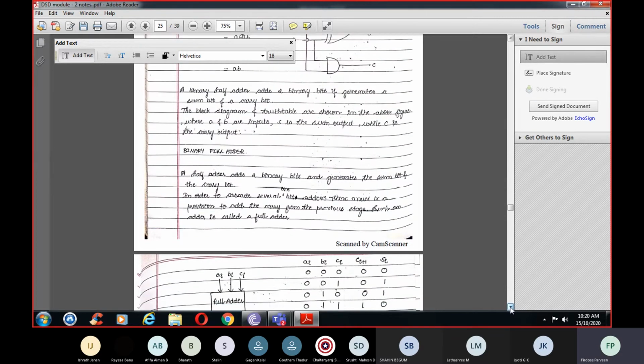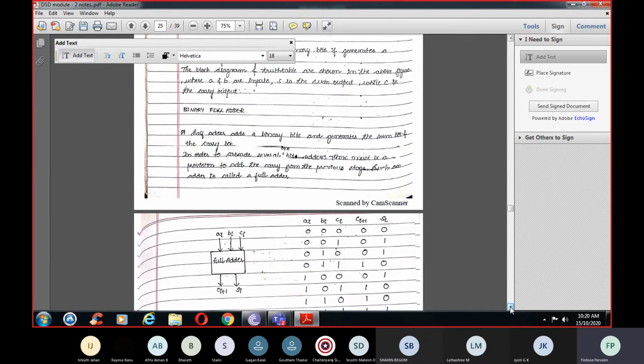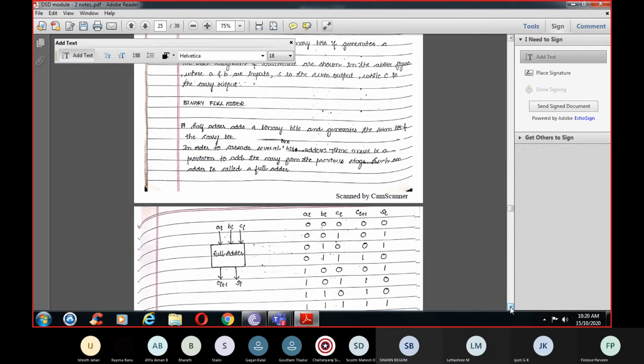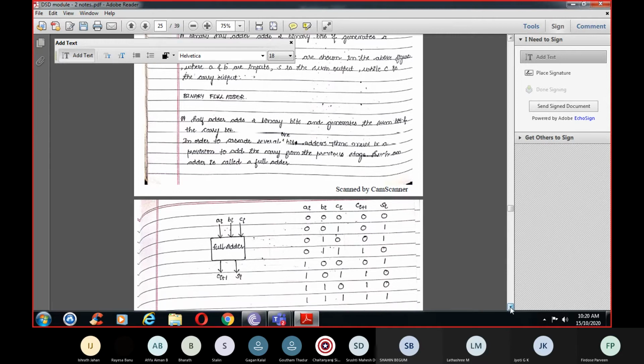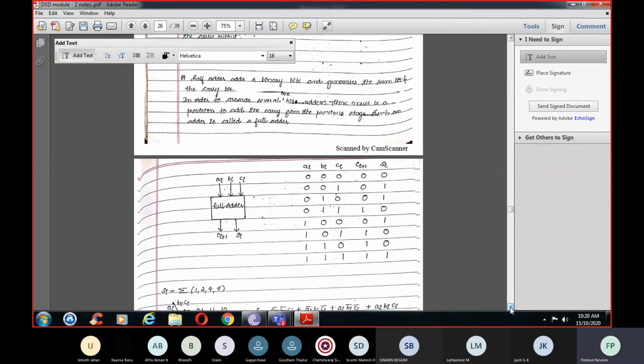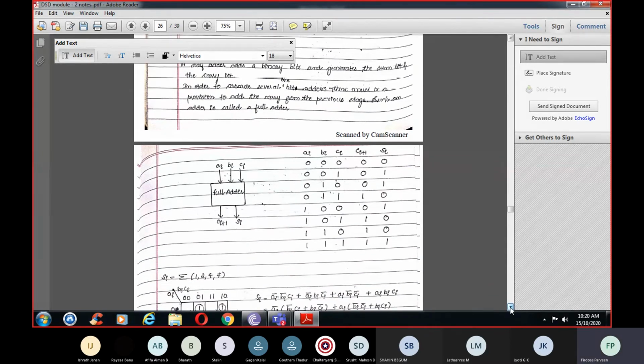Next, binary full adder. So what does a half adder do? It adds 2 bits. Whatever carry has been generated has to be added in the full adder, so we'll have 3 inputs here.